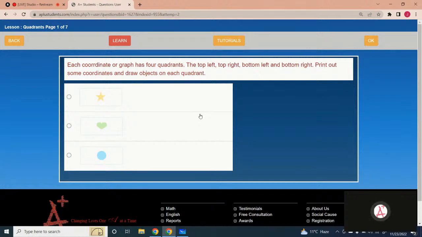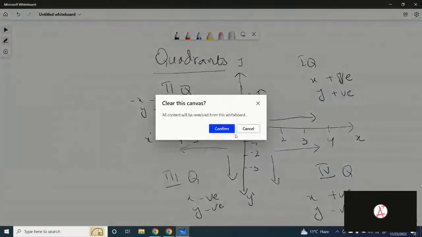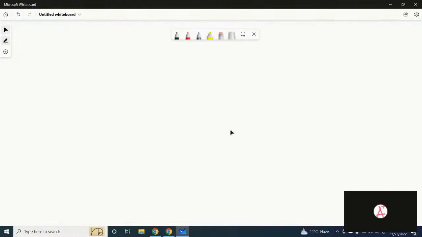Okay, you have to draw these figures on the quadrants. Got it? Let's do an example. Okay, so here is the first quadrant: one, two, three, four.